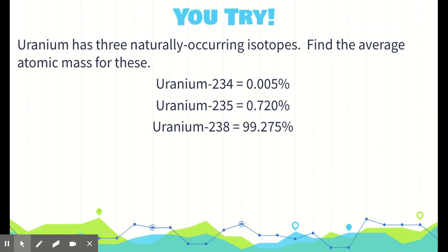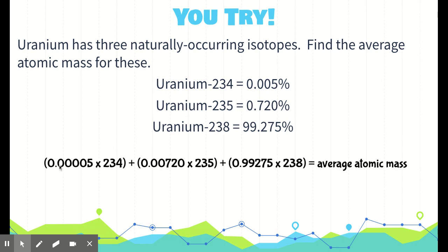So if you were going to try this, these are 3 different isotopes of uranium. We have uranium-234, a very rarely occurring isotope. 235, also pretty rare. 99.3% of all isotopes of uranium found on Earth are uranium-238. So we're going to multiply these.